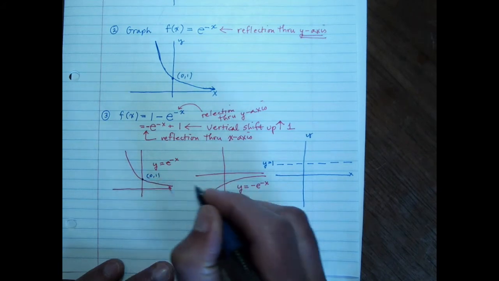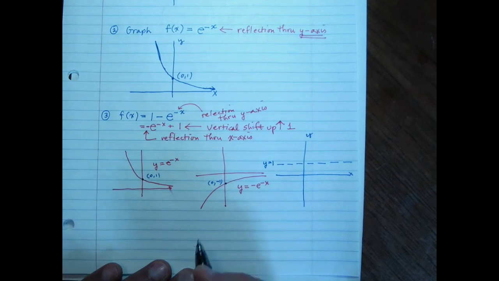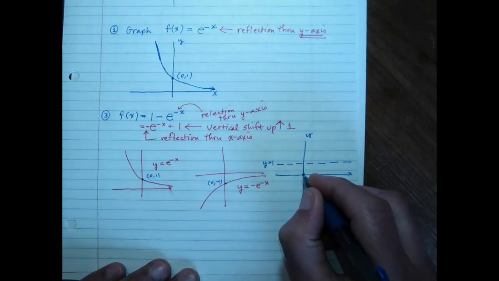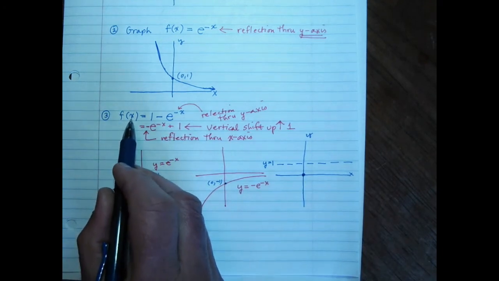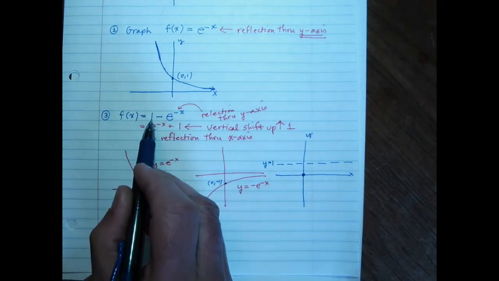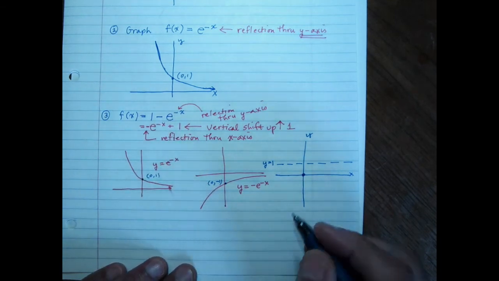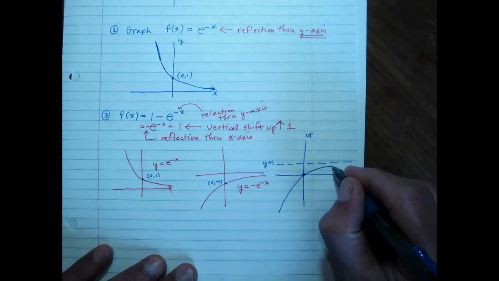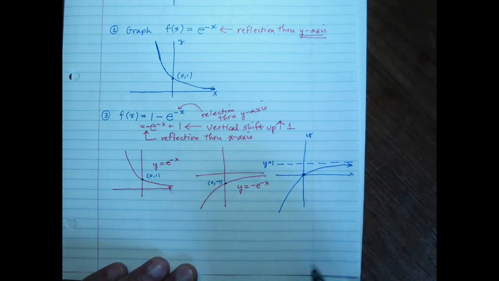That's 0, 1 there. This is 0, negative 1, right, when we reflect. So when we shift up 1 unit, we should have our y-intercept right at 0, 0. And if you plug in x equals 0, you get 1 minus e to the 0. 1 minus 1 is 0. So the graph does something like so, approaching that line y equals 1 as x goes off to infinity.